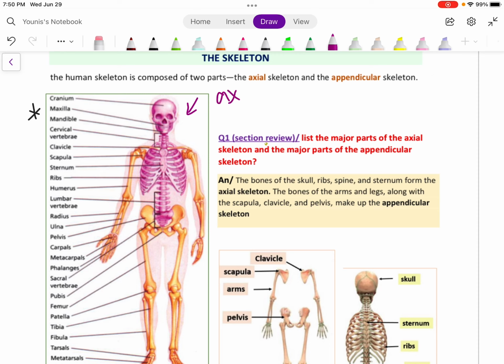So axial are the purple ones or the pink ones. And then the yellow ones are the appendicular skeleton.